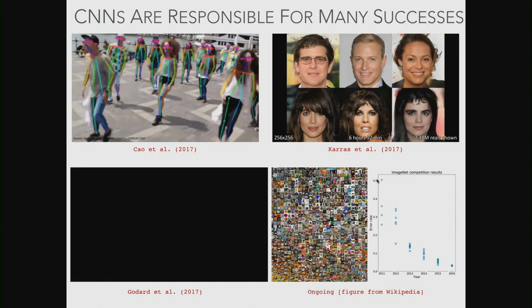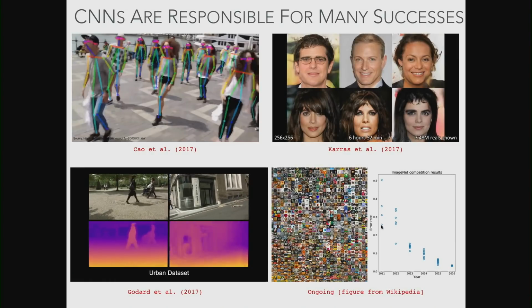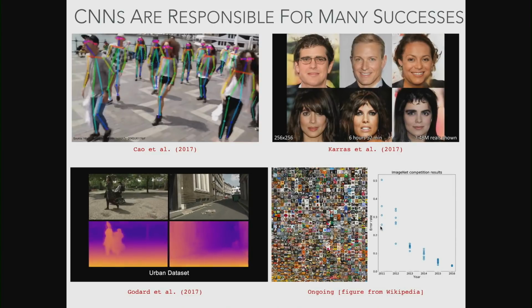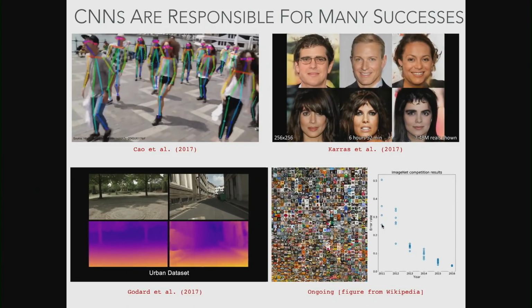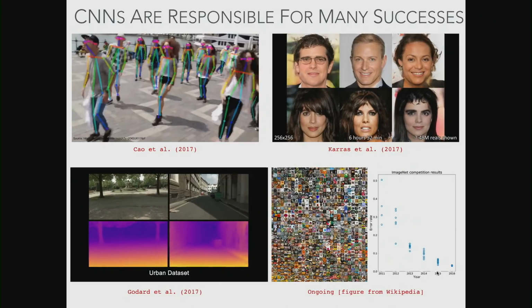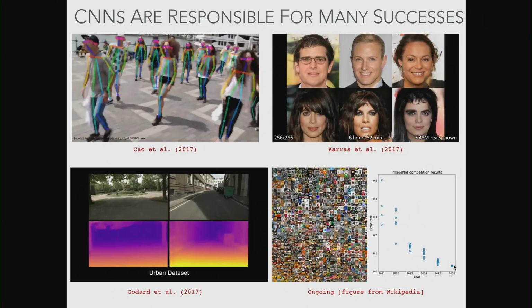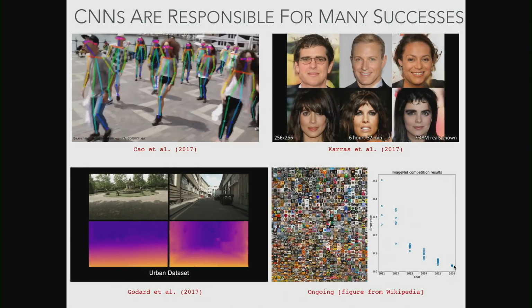I couldn't get last year's numbers. If you look around 2011, we've got about 27% error rate, and now we're at, what, 3%, which is staggering. And all of these things that we can do are based on CNNs, which I think is very motivational.